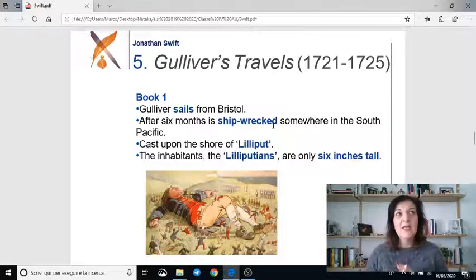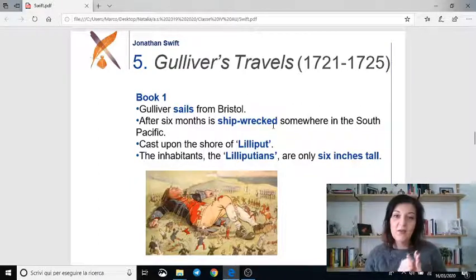Then he wakes up and he understands that he is on an island, in a land, and he is cast upon the shore of this land that he calls Lilliput. The inhabitants of this land have a characteristic. They are the Lilliputians, and they are only 6 inches tall.